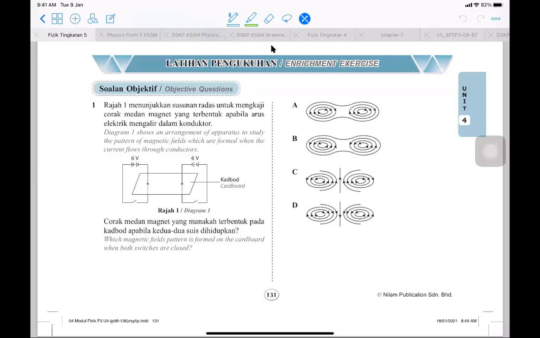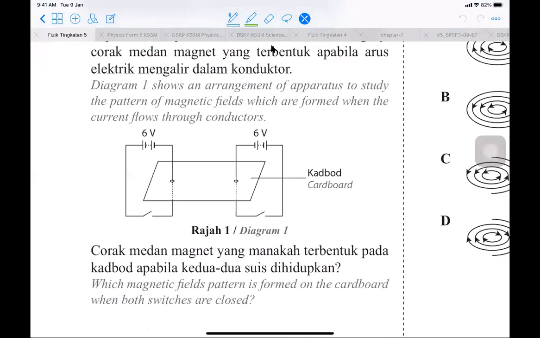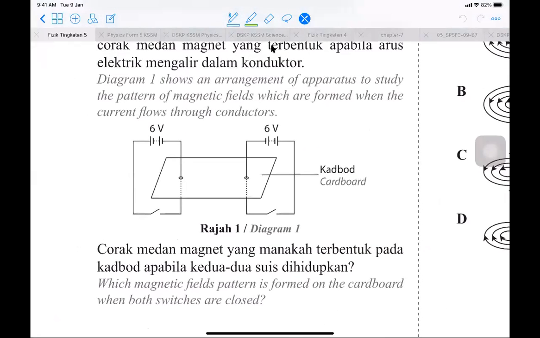Question number 1. The diagram shows an arrangement of apparatus to study the pattern of magnetic fields which are formed when the current flows through the conductors. Which magnetic field pattern is formed on the cardboard when both switches are closed?